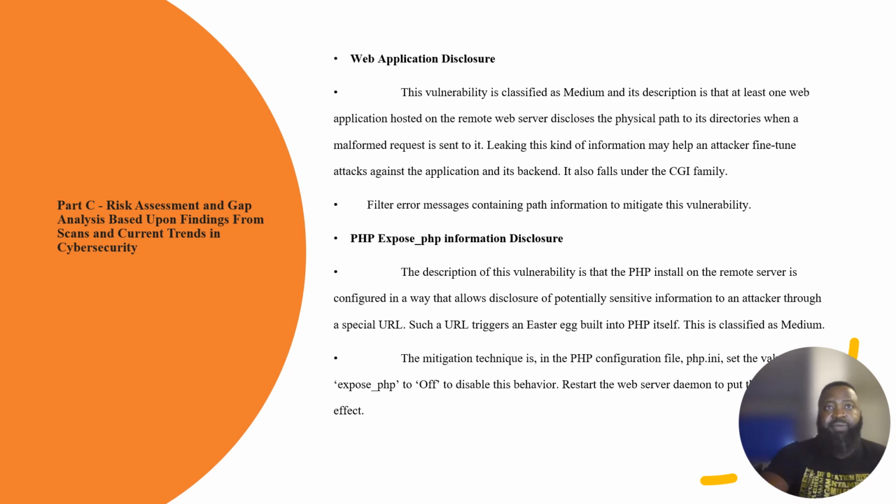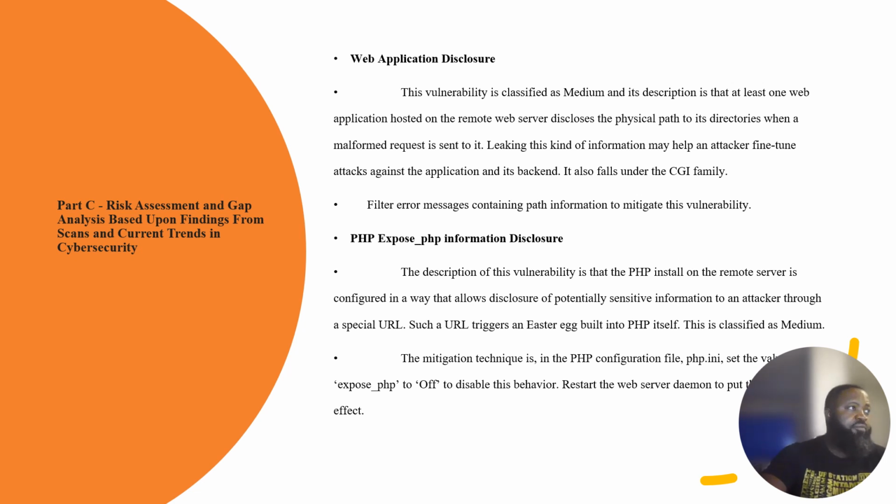The next is the PHP information disclosure. The description of this vulnerability is that the PHP installed on the remote server is configured in a way that allows disclosure of potentially sensitive information to an attacker through a special universal resource locator.